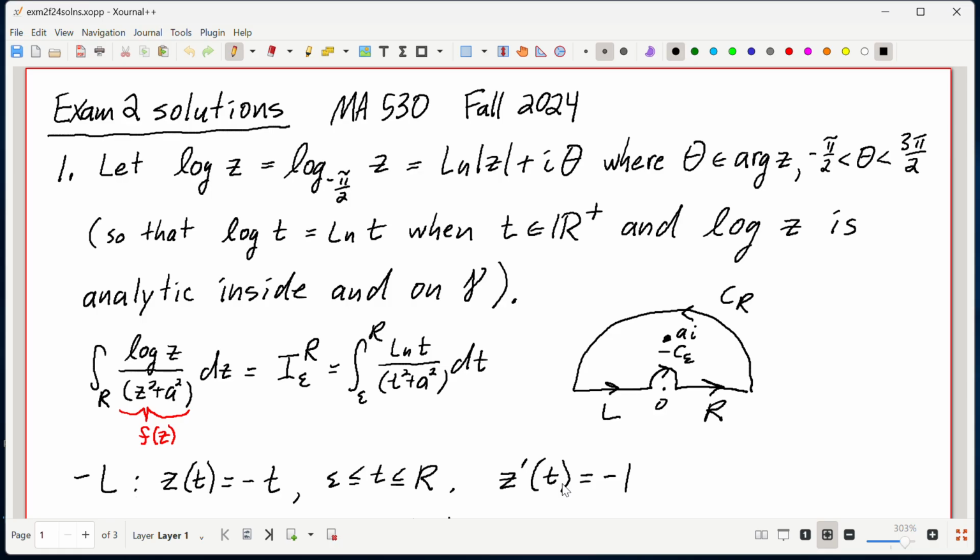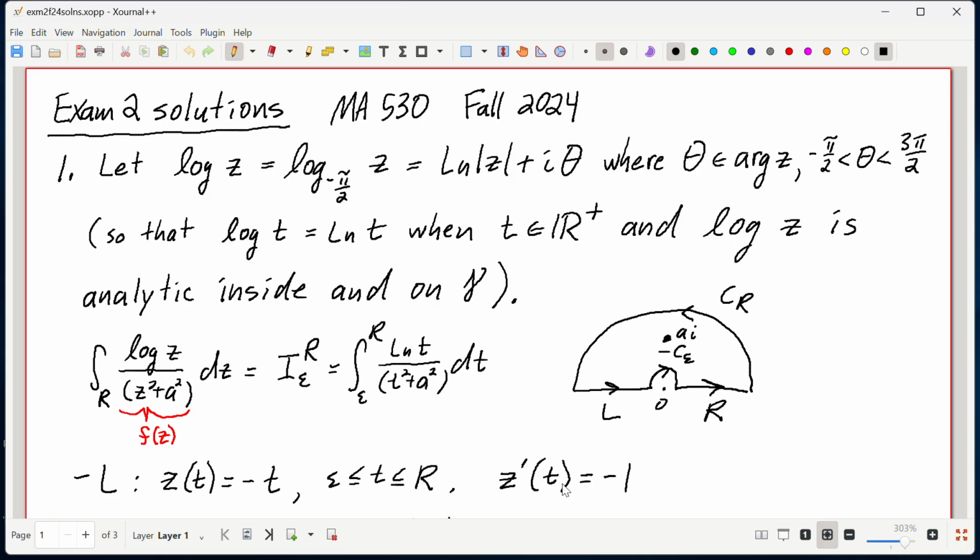That way it would be angle 0 here, pi over 2 here, and pi here. And so that's analytic inside and on. And the reason we had to punch out this little thing is because the function is not analytic at 0 for sure. So we need to punch that little thing out. Okay, and then we'll take log of z over z squared plus a squared, call that little f of z. It's analytic inside and on that curve.